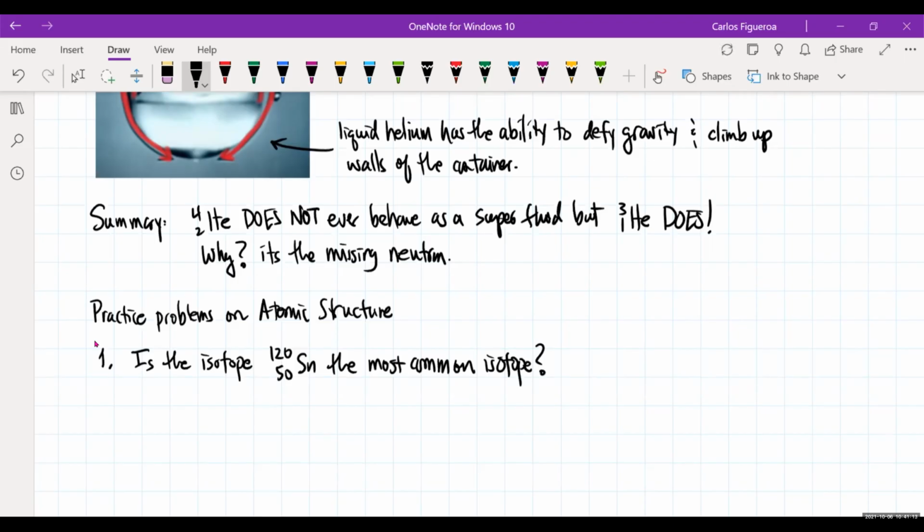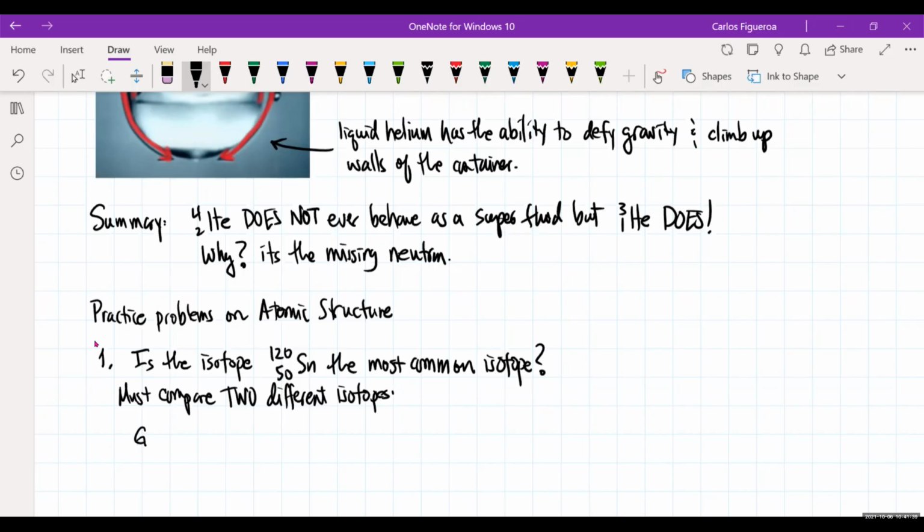So your job is to figure out, is tin-120 the most common one? What you're finding here is that you must compare two different isotopes.